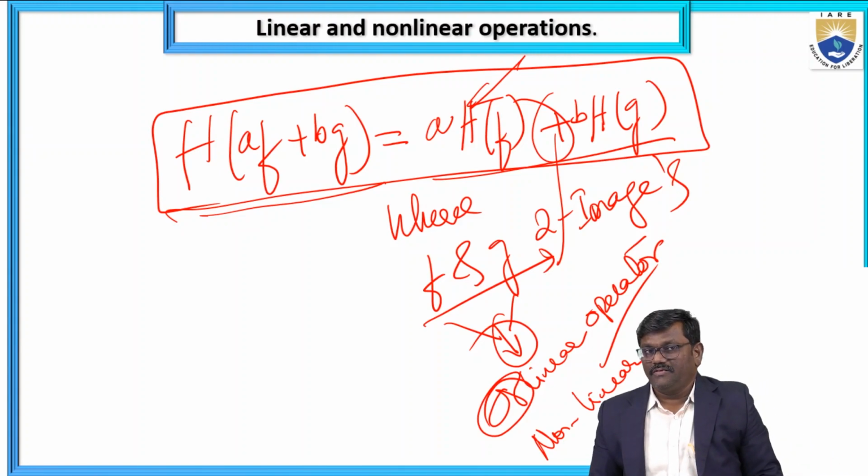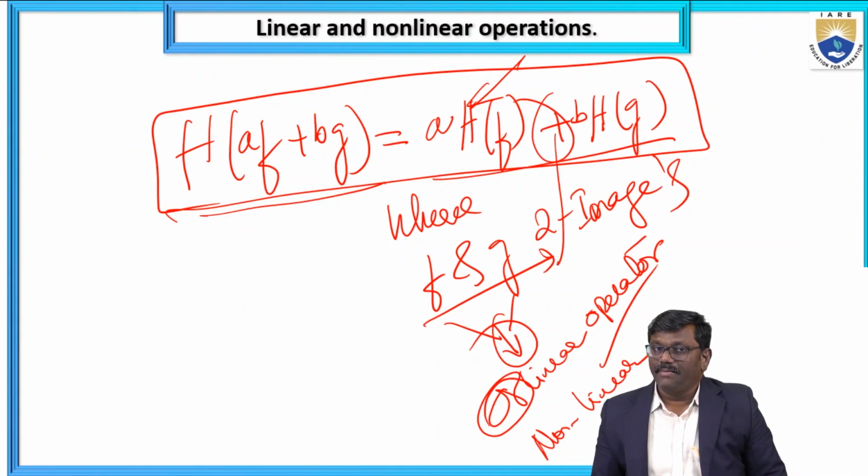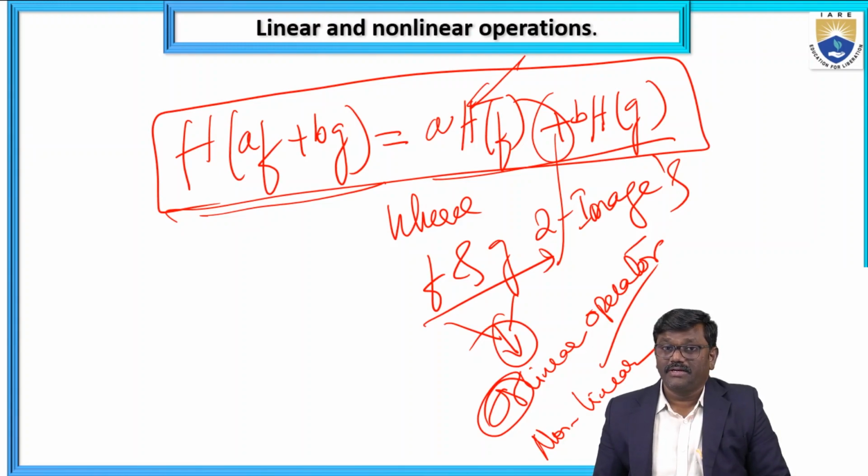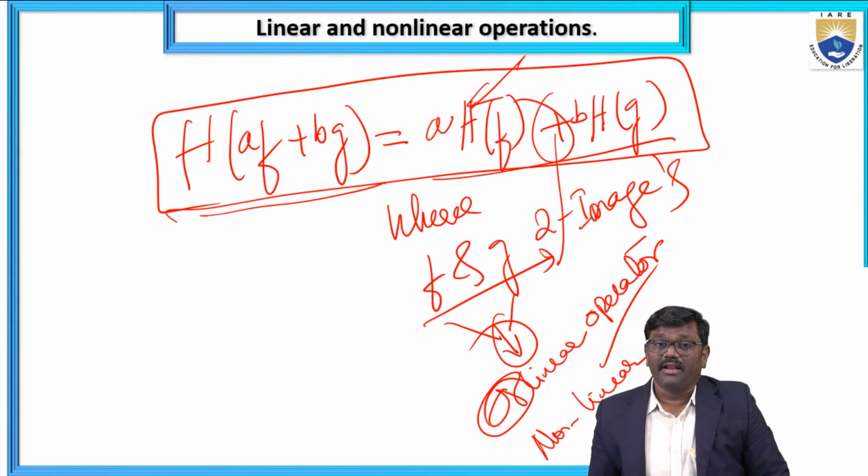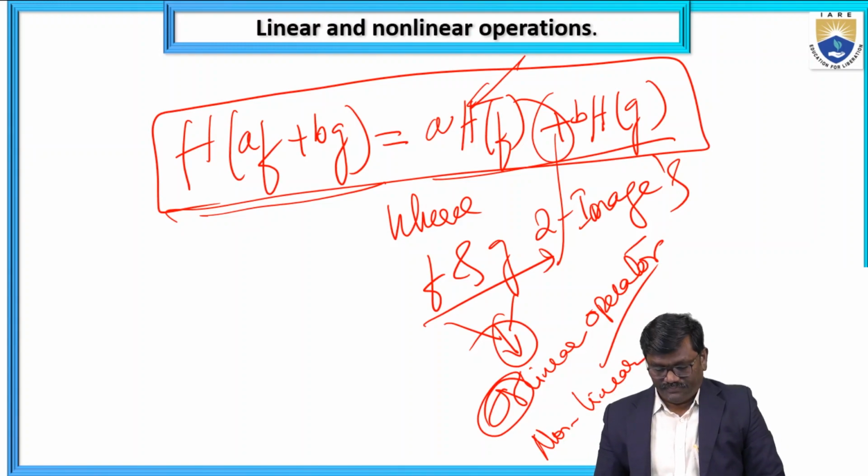If you are processing your image with the help of linear operation and it has not achieved your required target, your particular task of operation, then it is considered under the non-linear operation process.